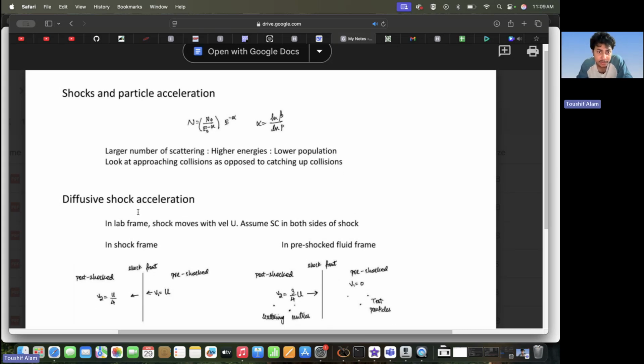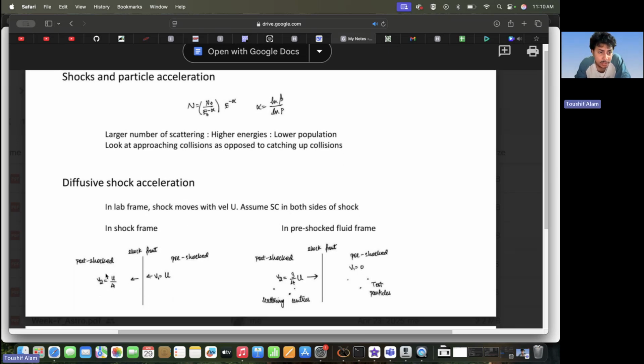Diffusive shock acceleration: in the lab frame, the shock moves at velocity U, and we assume scattering centers on both sides of the shock. In the shock frame, this is the post-shock, and the shock front propagates to this side, which is the pre-shock. V1 is U, V2 is U by 4.